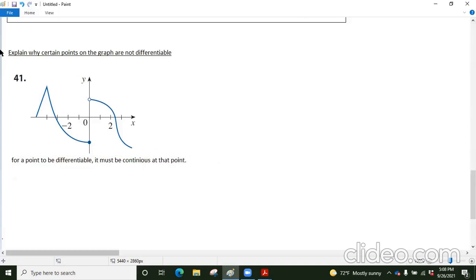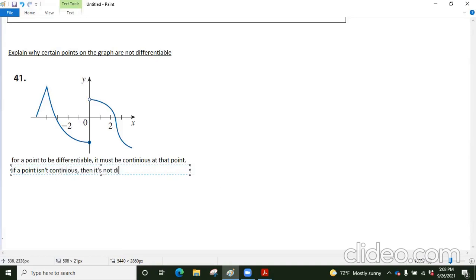And of course, if this is violated, if it wasn't continuous at that point, then it wouldn't be differentiable. And you could add that as an add-on: if a point isn't continuous, then it's not differentiable, right?